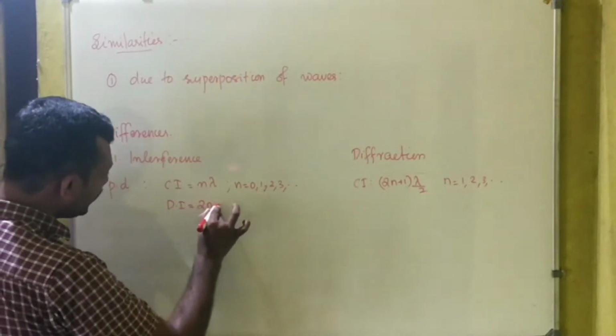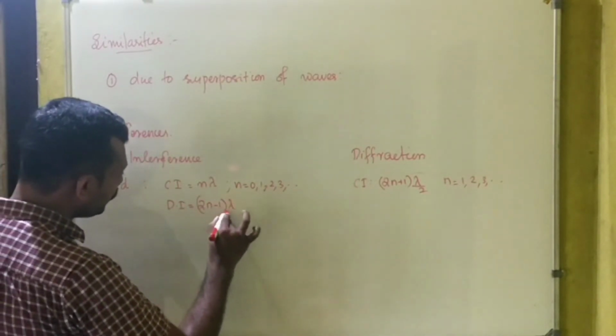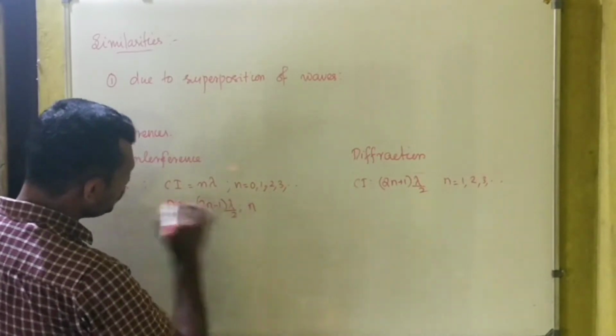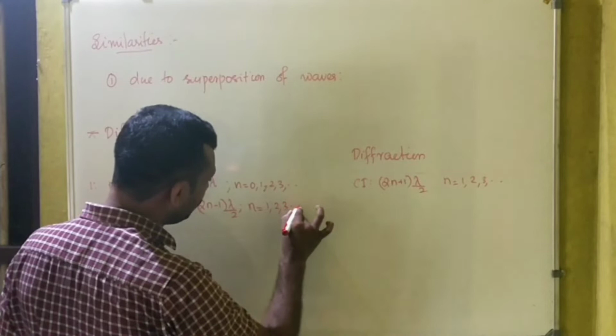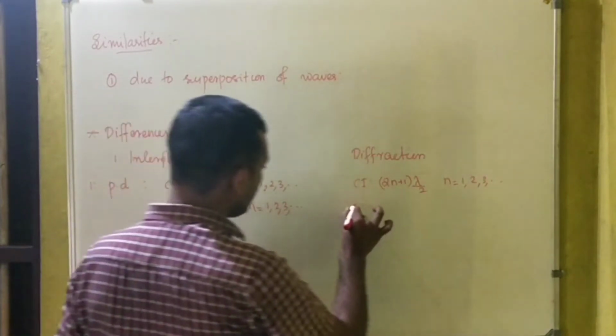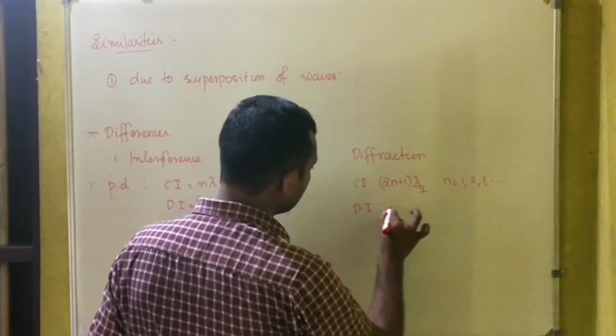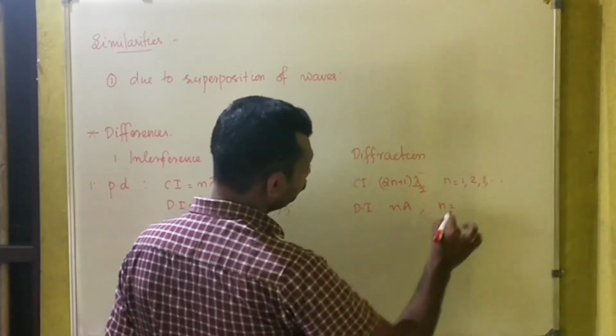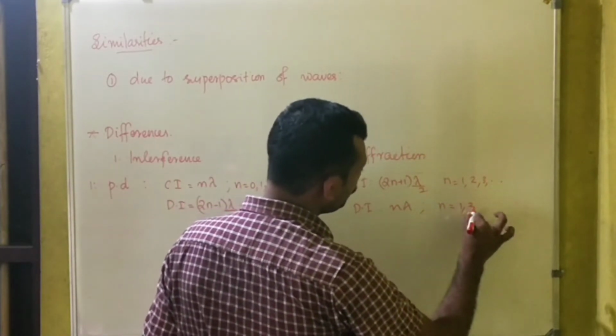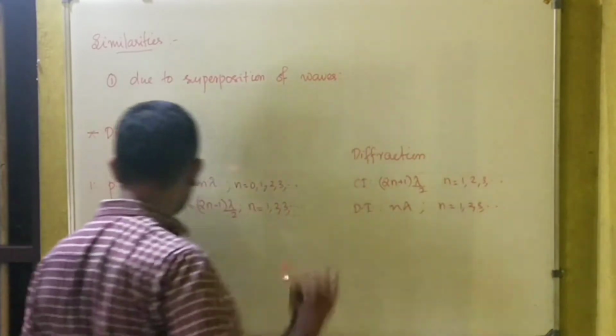Path difference is (2n minus 1) or (2n plus 1) lambda by 2. Here when I use this formula, I told you I will take n values from 1, 2, 3, etc. What about here? Destructive interference path difference is n lambda, where n takes the values 1, 2, 3, etc. The n values are the same here.